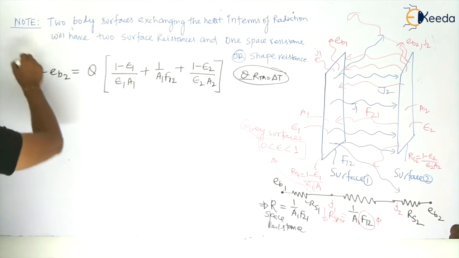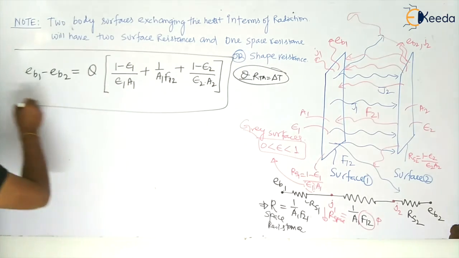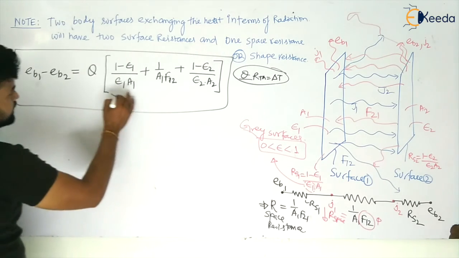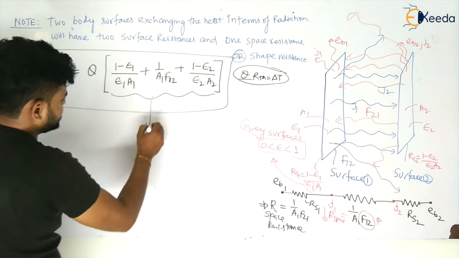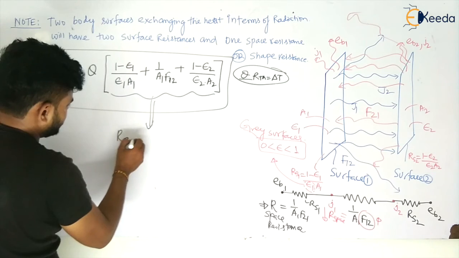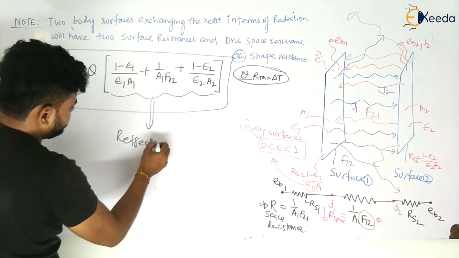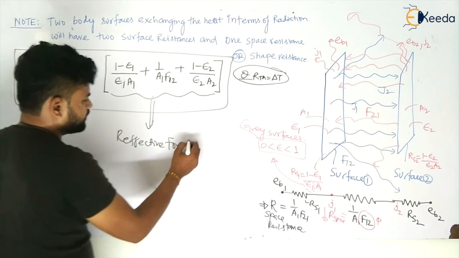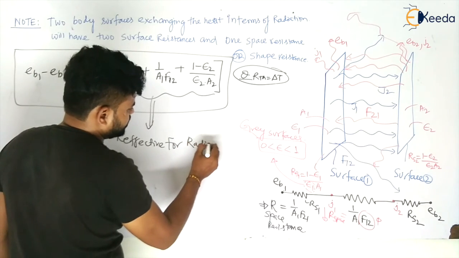So this will be the total, and this term is called your effective resistance, R effective, for radiation heat exchange.